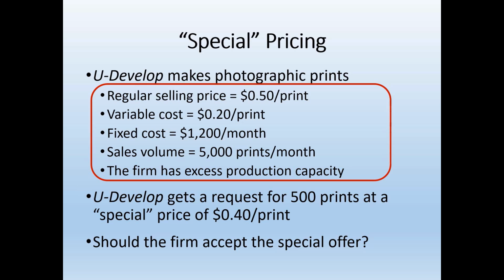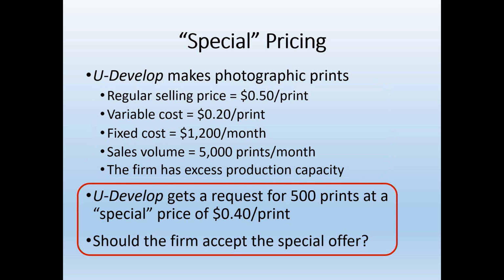In addition, we're told that the firm has excess production capacity. Develop gets a request for 500 prints at a special price, that is, lower than the regular market price. Should the firm accept the order?